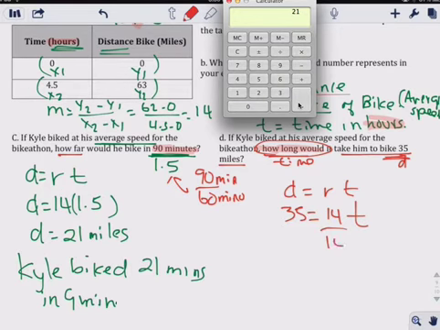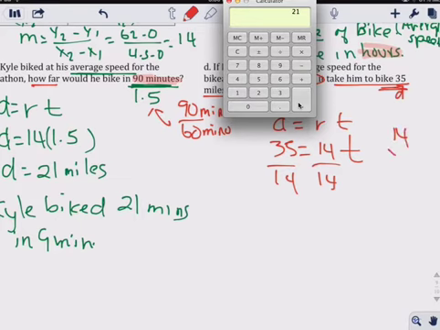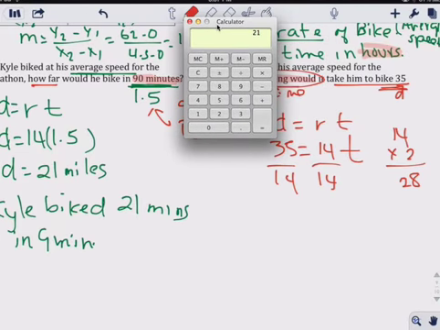Divide by 14, divide by 14. Okay, let's just use the calculator. 35 divided by 14 equals 2.5 hours.